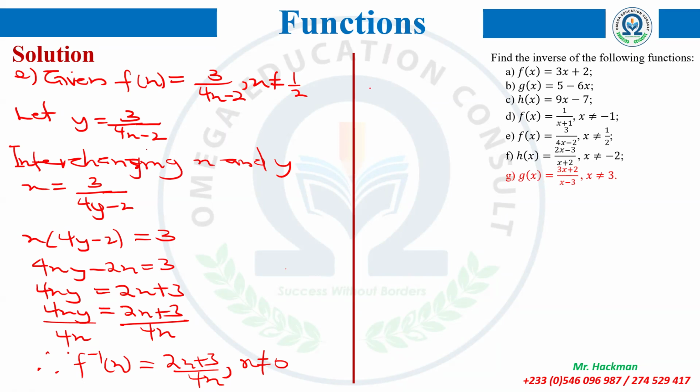So let's finish with that one, then go and have our water break. F: I am giving h of x is equal to 2x minus 3 all over x plus 2, and you are told that x is not equal to negative 2.